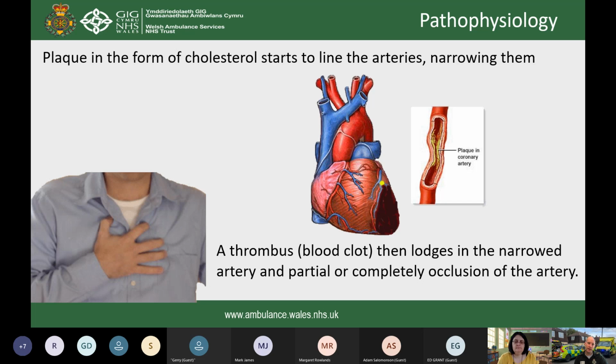If it's really high, blocking the blood supply to the whole ventricle, then most likely it's going to be a cardiac arrest. Anything a little bit lower would be quite severe chest pain, because the heart is still not pumping properly, but it's still able to have some sort of function.